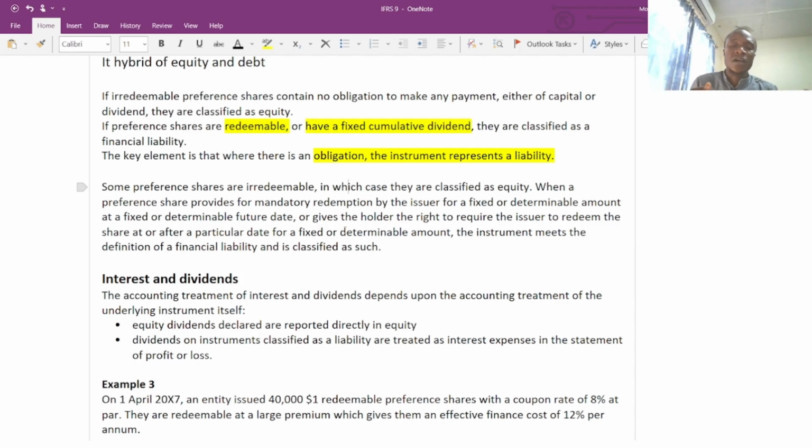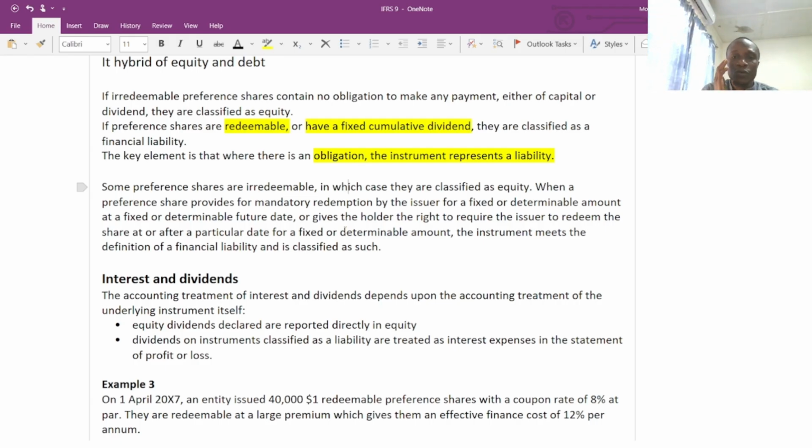Then that particular preferential share can be classified as a redeemable preference share, which is accounted for as a financial liability instead of equity. But if there is no present obligation, then those shares can be accounted for as irredeemable shares, and you can treat them as equity instead of a financial liability.